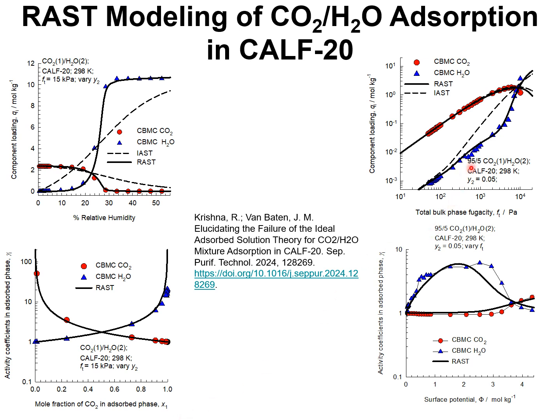In this case, for the CBMC simulations on the right-hand side with constant bulk gas phase composition corresponding to 5% water, the adsorbed phase activity coefficients are plotted as a function of the surface potential that serves as a proxy for the spreading pressure.